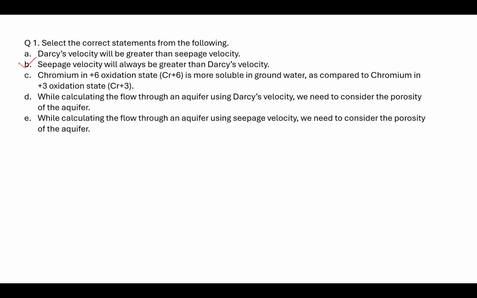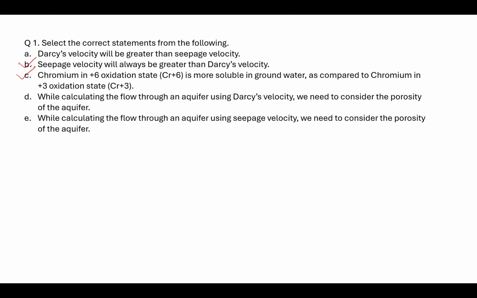We have seen in the lectures that chromium in plus 6 oxidation state is in the soluble form, and by reducing chromium 6 to chromium 3, we can precipitate out the chromium, because chromium 3 is generally formed as a solid compound which gets removed from the aqueous phase. So this statement is also correct.